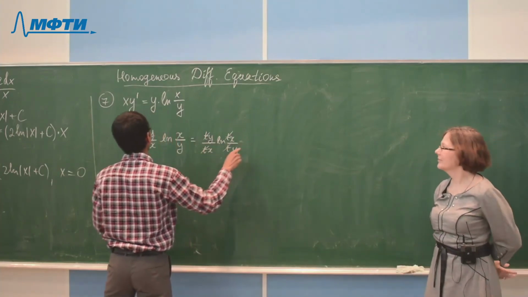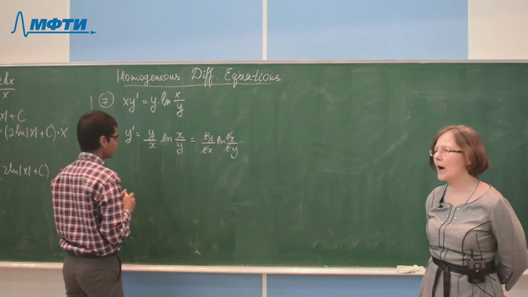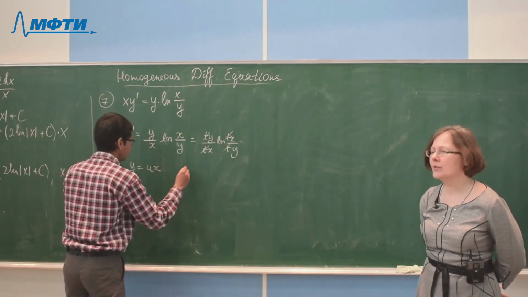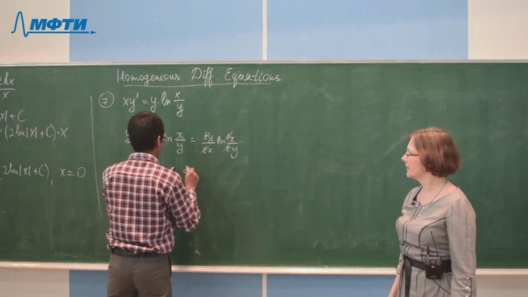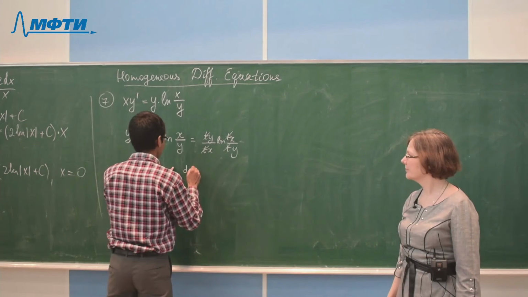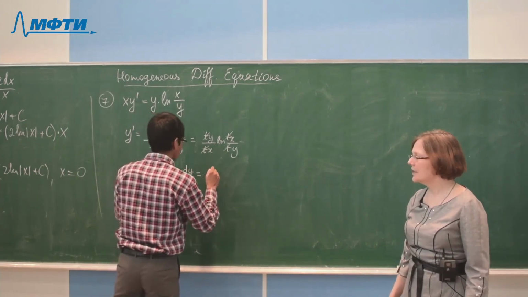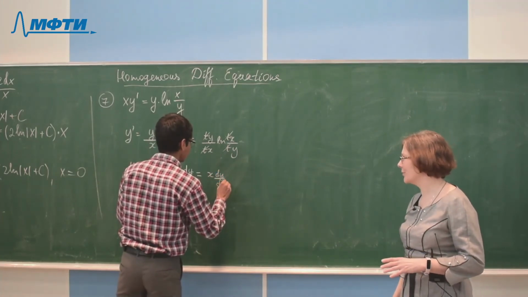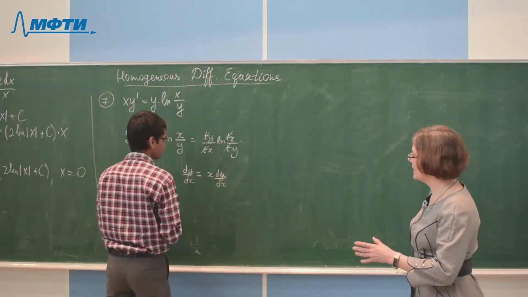Yes. Right, and then we should make a substitution y equals u times x, and this will lead to a separable differential equation. You may differentiate the product if you want. Maybe it's better now.